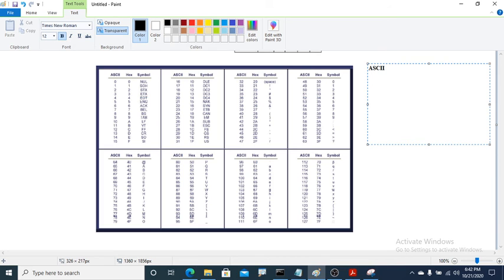ASCII means what? American Standard Code for Information Interchange.